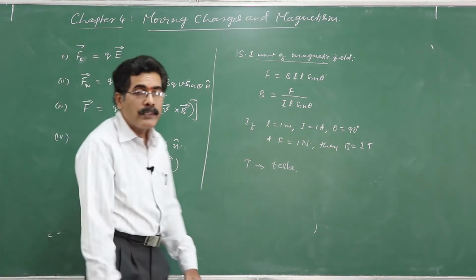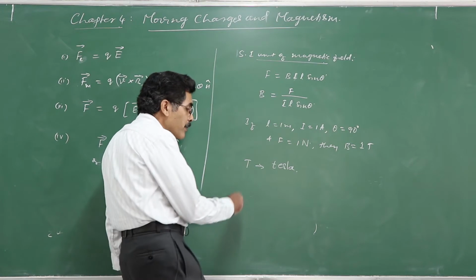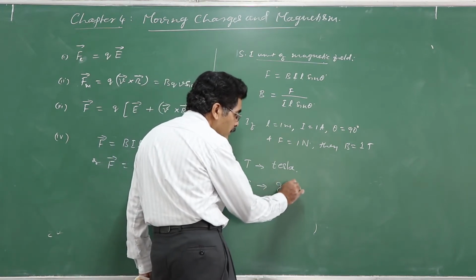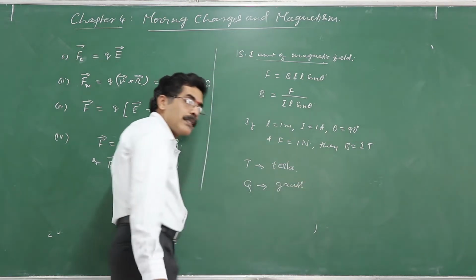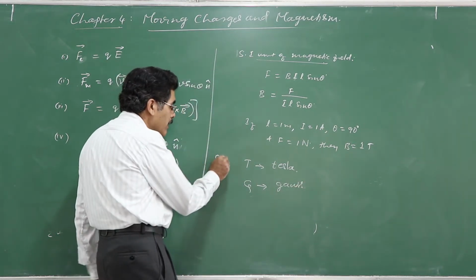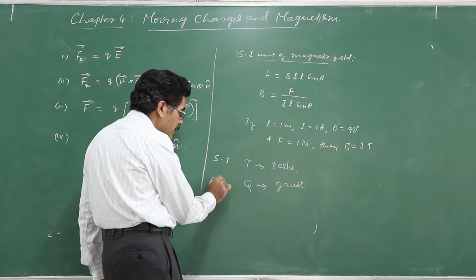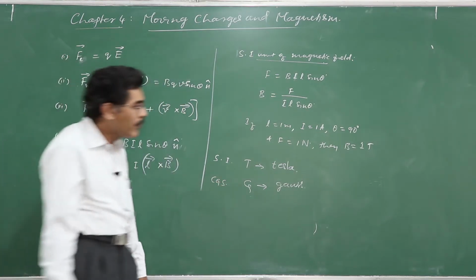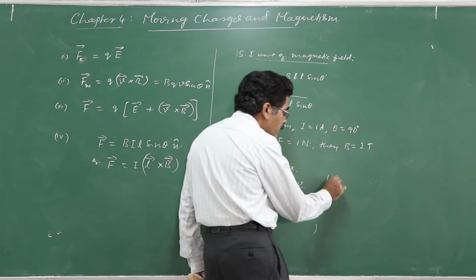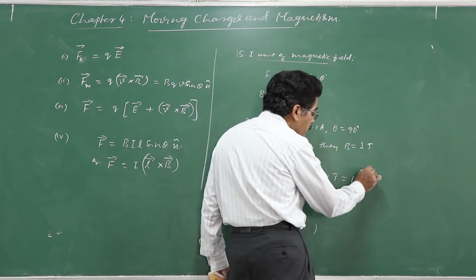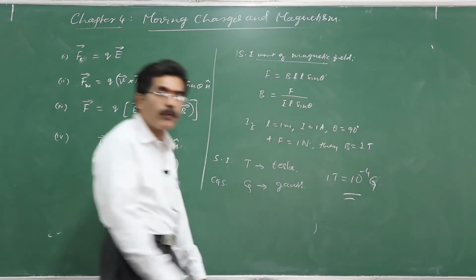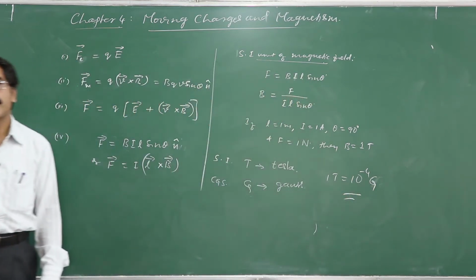In the CGS system, it is expressed in terms of Gauss. This is in SI, this is in CGS. So remember, 1 Tesla is equal to 10 raised to minus 4 Gauss.